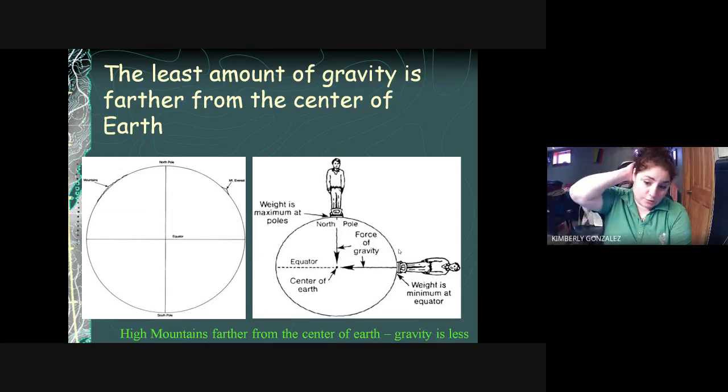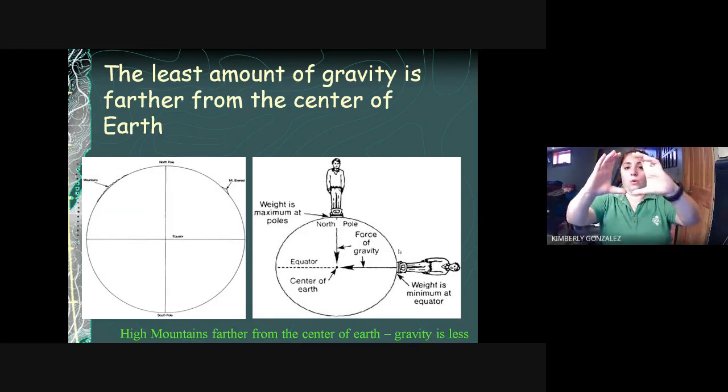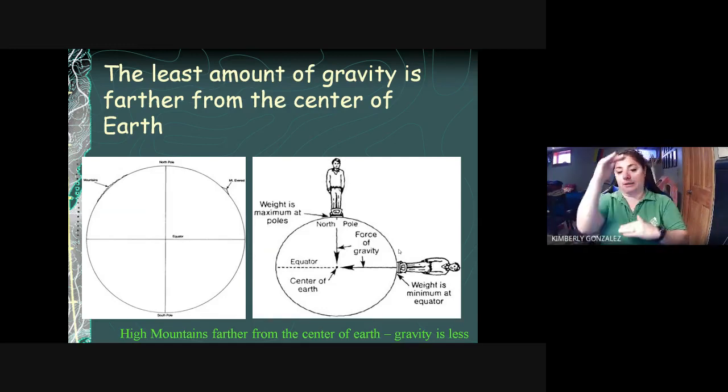Therefore, you will weigh less at the equator. At the poles, because we are an oblate spheroid and it's a little flattened, the distance between, let's say, the North Pole and the center of the Earth is less than the distance between the edge of the equator and the center of the Earth, and therefore you're going to weigh more. So the closer you are to the center of the Earth, the more the gravitational pull, the more you're going to weigh.